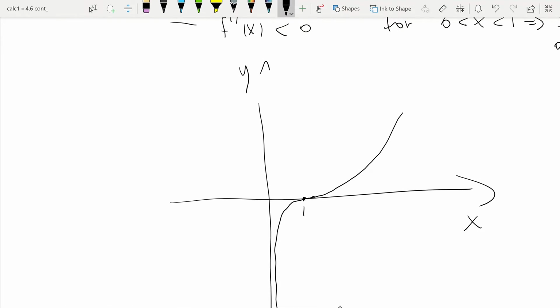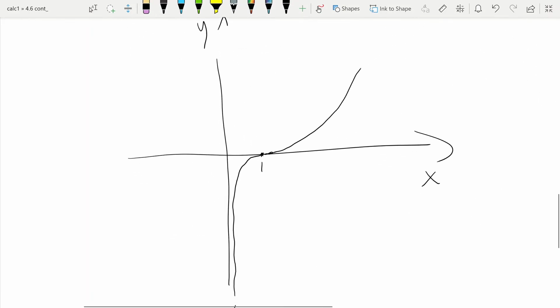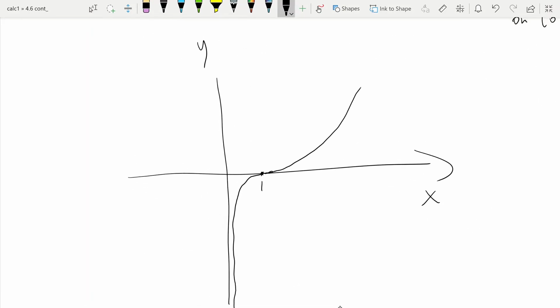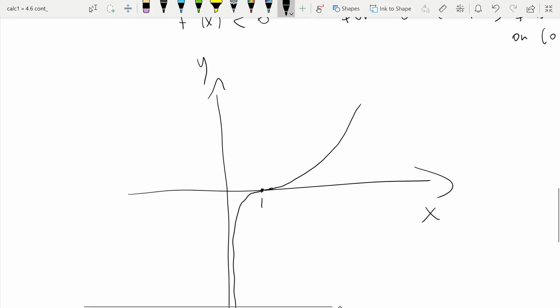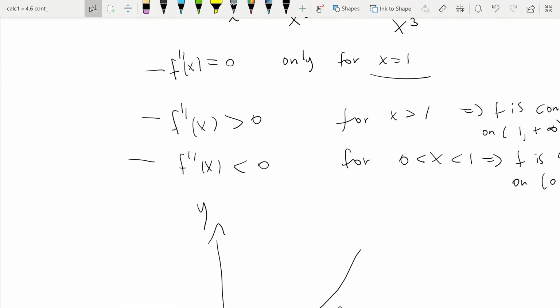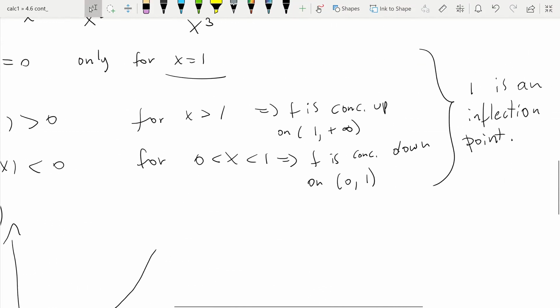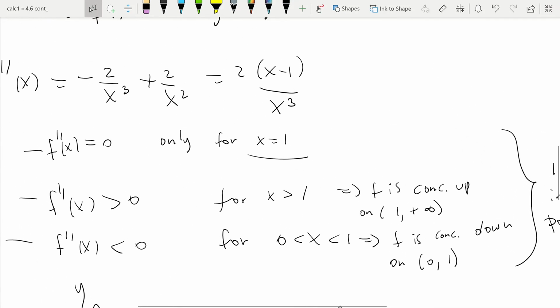Otherwise we would have drawn something like this. But the function is concave up. So this is the shape of f. We recorded all the relevant points. And what about 1 again? 1 is a 0.